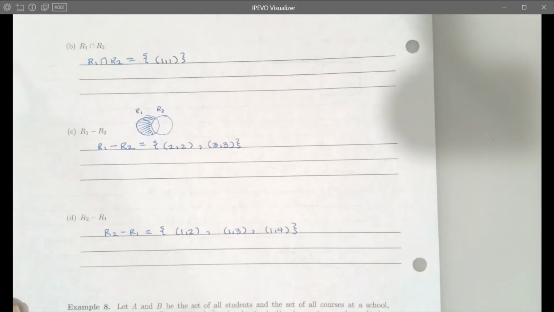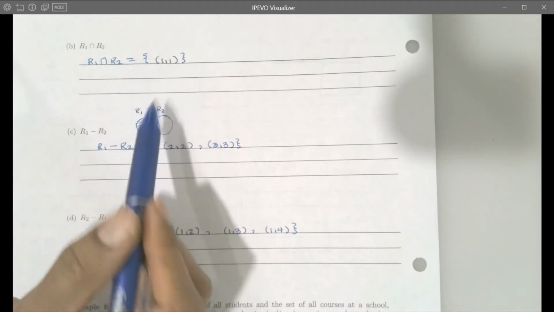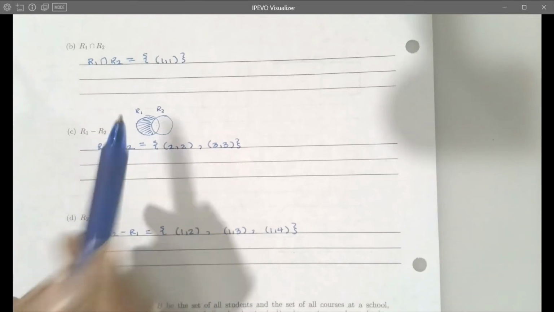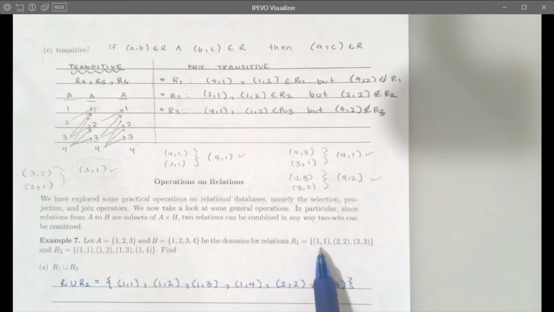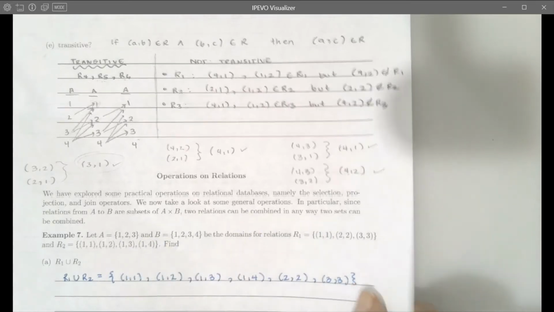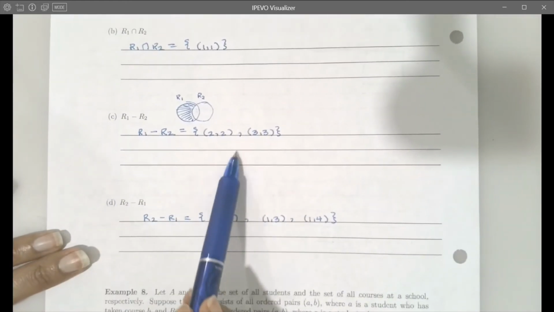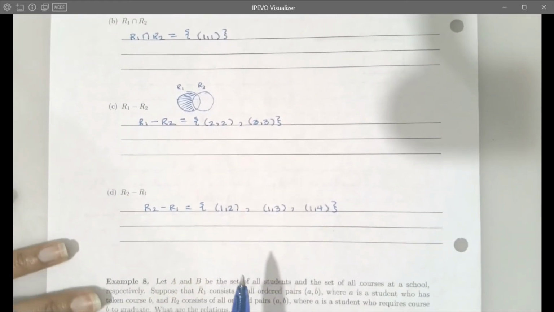So we could potentially have some that intersect, such as (1,1), that would be left out of this difference. If we go back to R1, R1 contains the element (1,1), but that's part of R2, so we don't include it. And then there is (2,2) and (3,3), which are both not part of R2. So the difference R1 minus R2 would be elements (2,2) and (3,3).